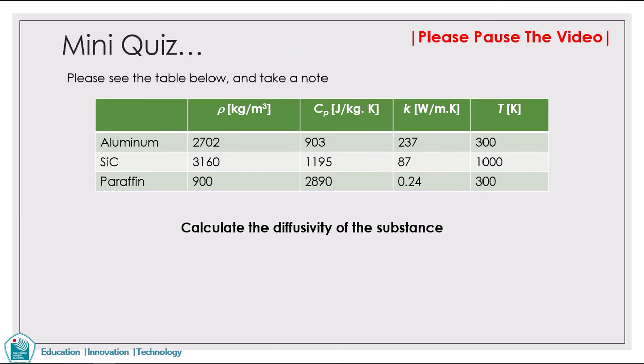As you see, we have the mini quiz here, so please pause the video so you can see the table below and take a note. You need to calculate the diffusivity of the substance. It means you need to calculate the alpha.